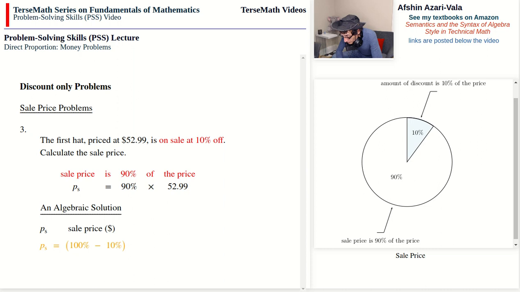Now you might wonder, why is it that I wrote 100% minus 10% instead of 90%? The reason is, for one thing, there has to be some explanation as to where 90 came from. And in this way we can make it clear that the 90 comes from 100% minus 10%.